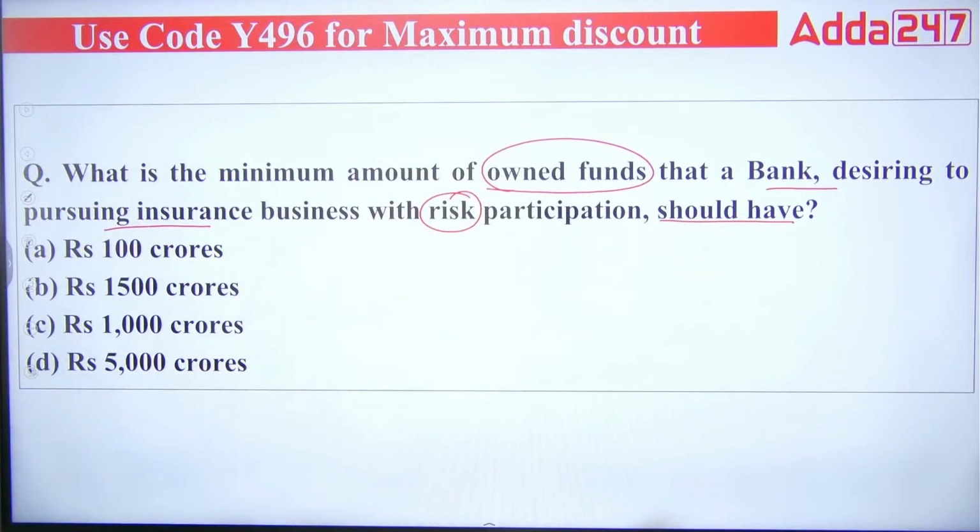The options are 100 crore, 1500 crore, 1000 crore, 5000 crore. A, B, C or D?